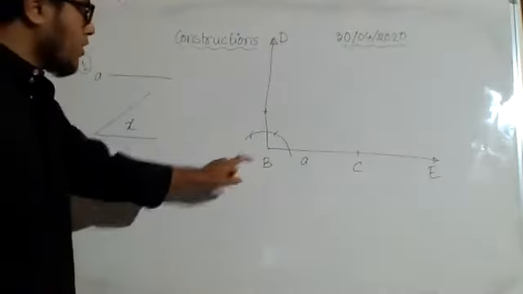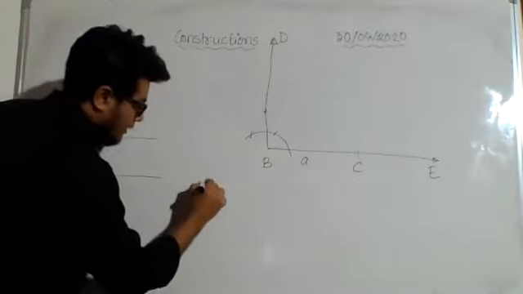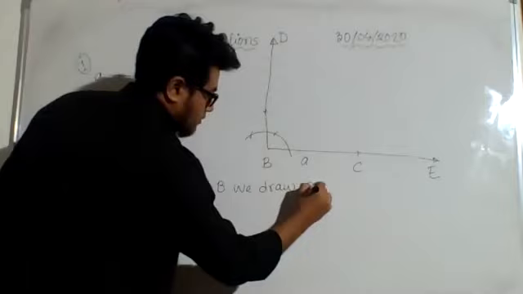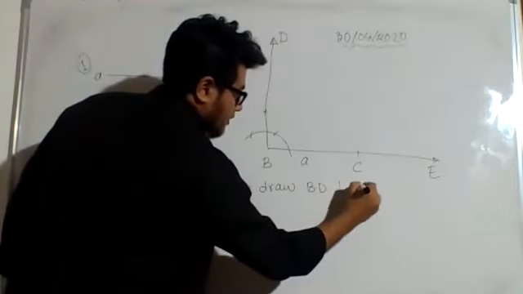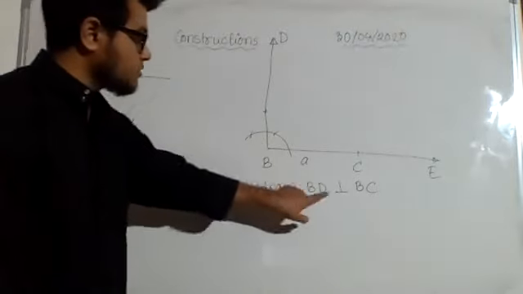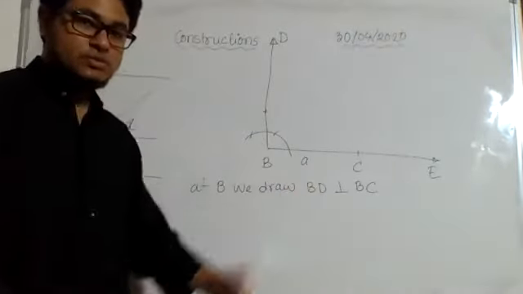You have to write it like this: at B, we draw BD, which is perpendicular to BC. In this way, you have to show.